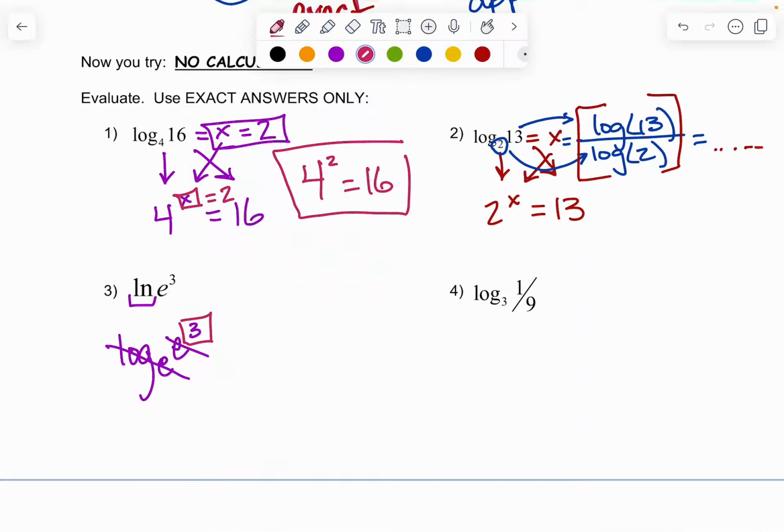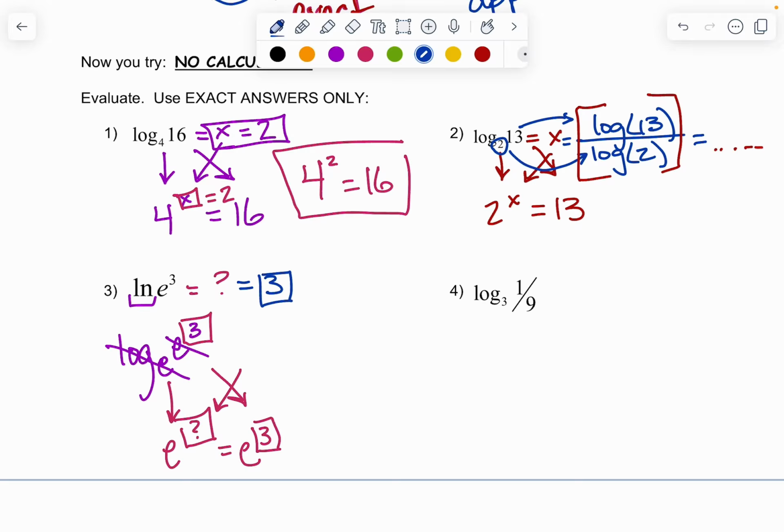Because if I were to drop, cross, and cross, I'm saying e to the what equals e to the third. Well, e to the third equals e to the third. So my unknown here is 3.